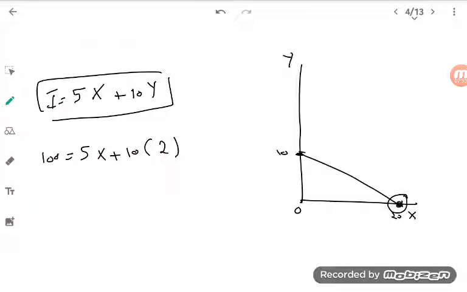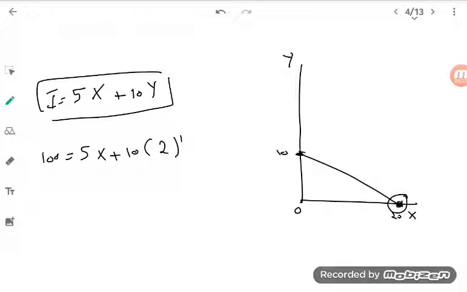So you can determine the quantity of X from this equation: 100 minus 20 is 80, and 80 divided by 5 gives the value of X. And vice versa if you substitute in X instead of Y. So this is the budget constraint, your ability to buy X and Y given the prices.